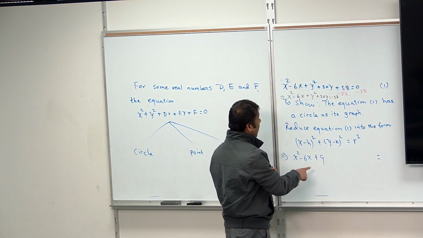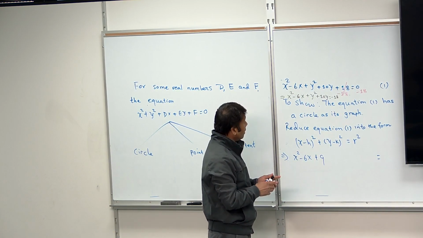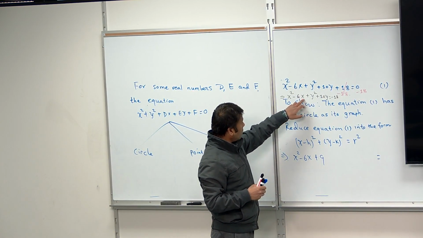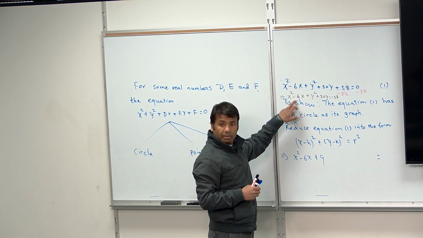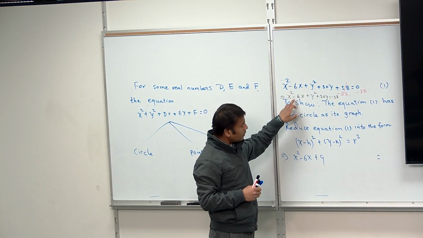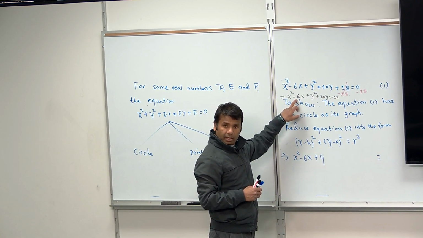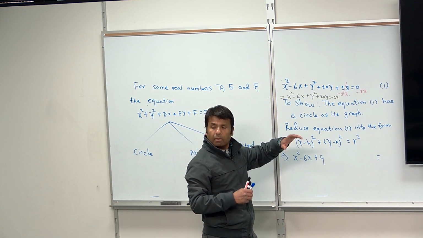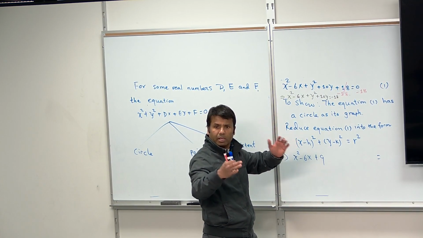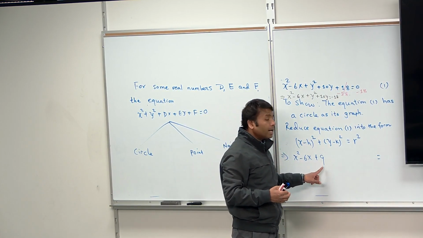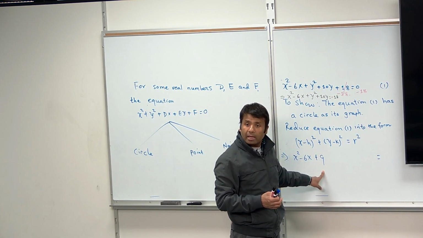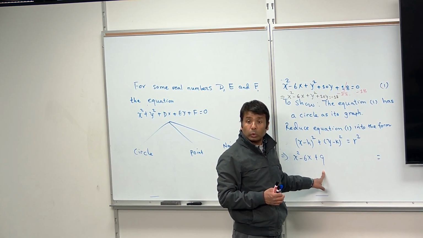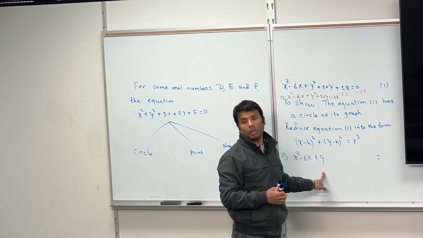So what did I do here? Look at the coefficient of x, which is negative 6. Find the half of negative 6, which is negative 3. Square that: negative 3 squared is positive 9. And we can add the same number to both sides of the equation.